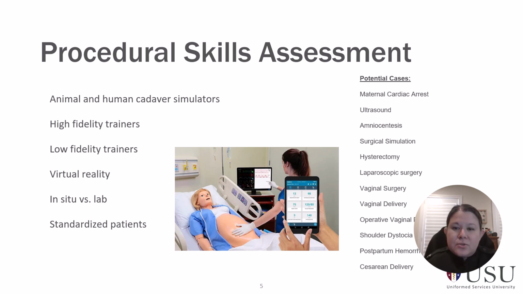We'll talk about surgical simulation, including hysterectomy, laparoscopic surgery, vaginal surgery, and then using it for deliveries. So vaginal delivery, operative vaginal deliveries, and then any of the many obstetric emergencies that can occur. So things like shoulder dystocia, operative vaginal delivery, postpartum hemorrhage, breech delivery, and cesarean delivery.